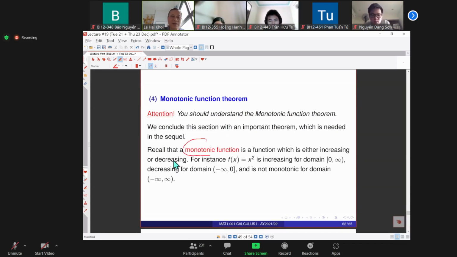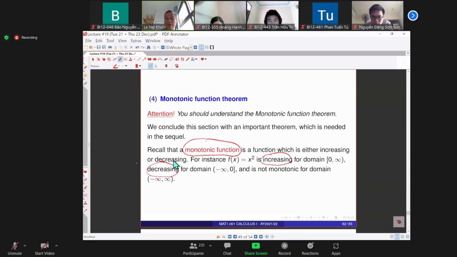Monotonic function. First, we recall that monotonic function, from the first part, chapter 1, chapter 2, chapter 3, we talk about the monotonic function. And later in chapter 4, where you use derivative, you can determine on what interval the given function is increasing or decreasing by the first derivative, right?